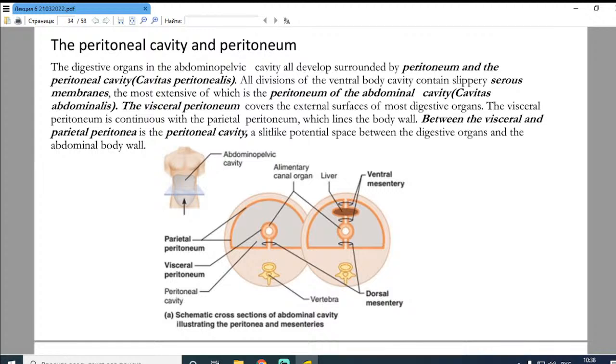All divisions of the ventral body cavity contain serous membranes, the most extensive of which is the peritoneum of the abdominal cavity. The visceral peritoneum.